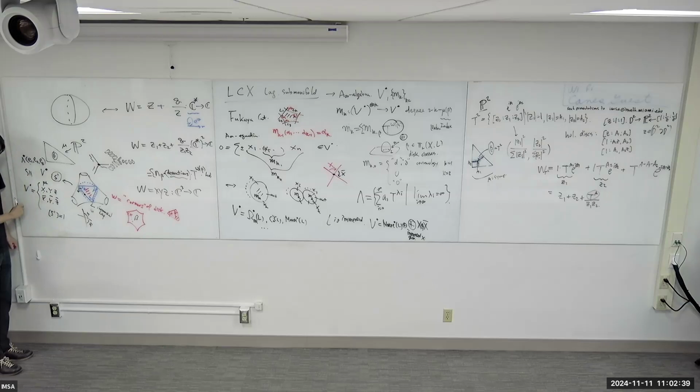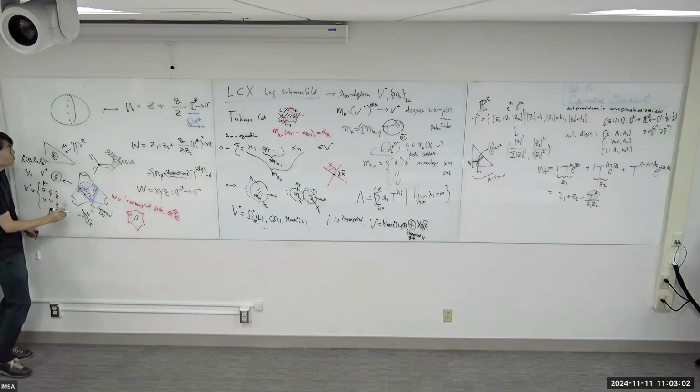Why is the product of x, y equal to z bar? What is the geometry? Let me switch the ordering: x, y, z, x bar, y bar, z bar.